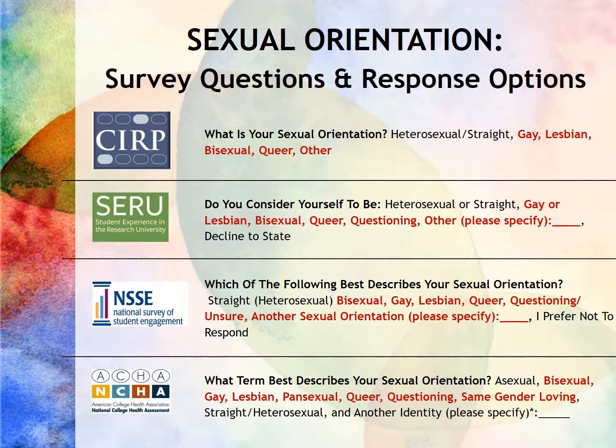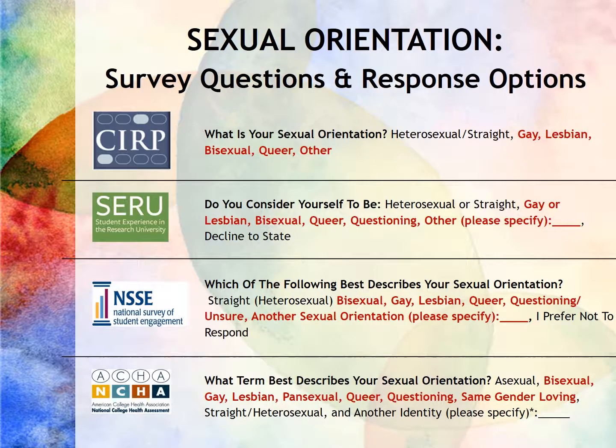Yes. Hi. So for CIRP, which is the Cooperative Institutional Research Program, which is the survey arm of HERI, that includes the freshman survey, which is what we're probably most well known for. We decided to add these questions, and we started with sexual orientation before gender identity.